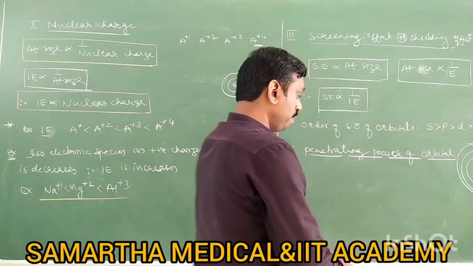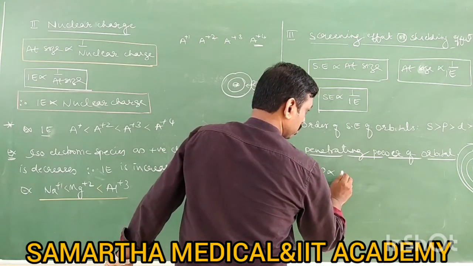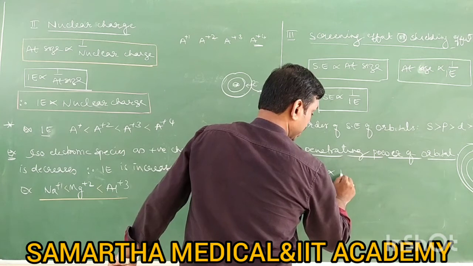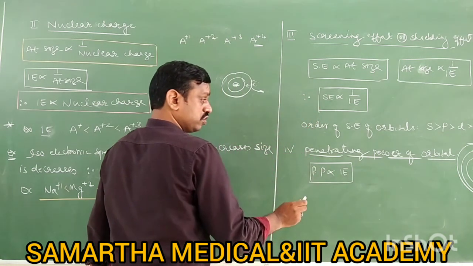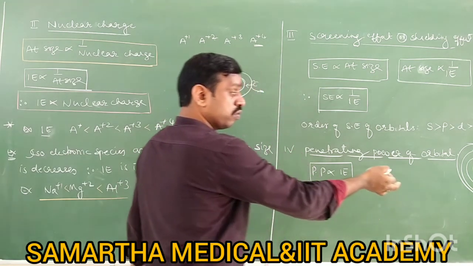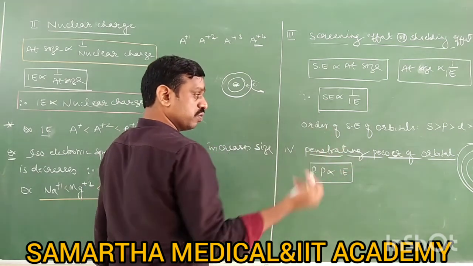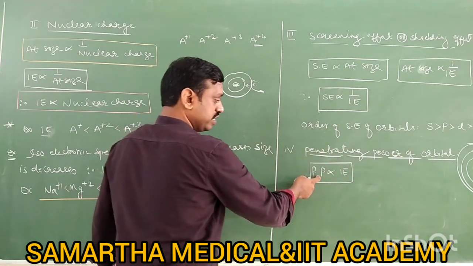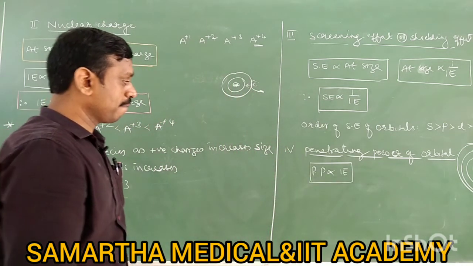Therefore, penetrating power PP is directly proportional to ionization enthalpy. The orbital which can penetrate easily, electron removal becomes difficult, and of course ionization enthalpy is more.